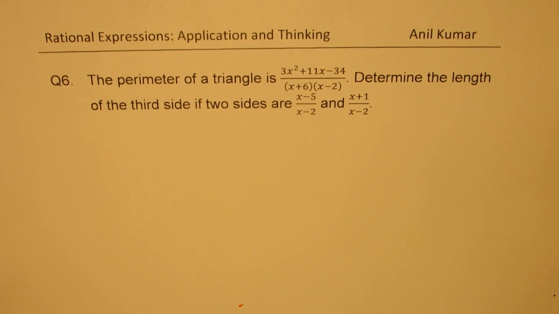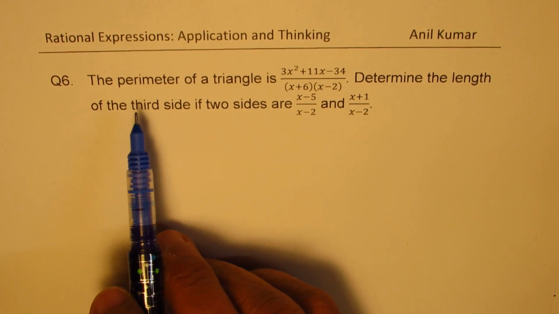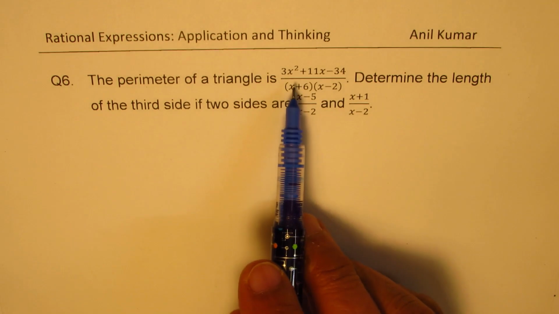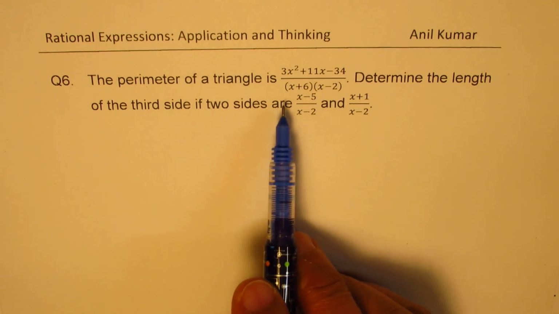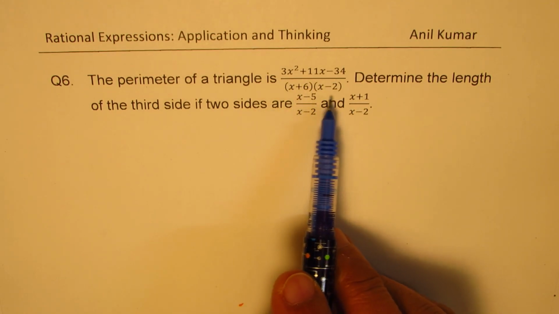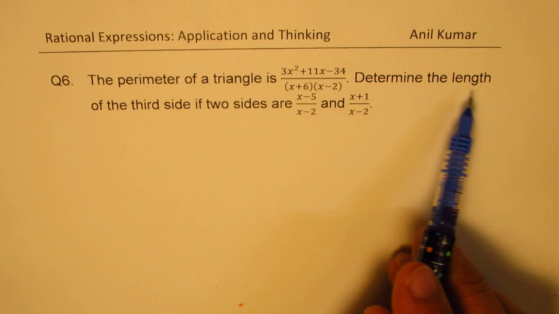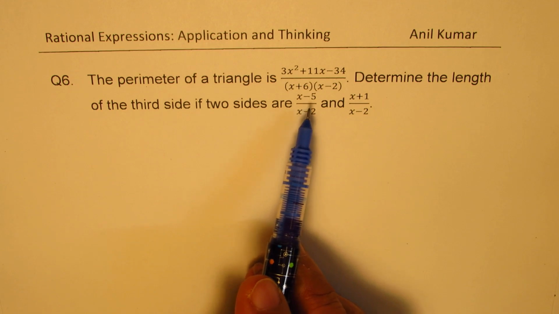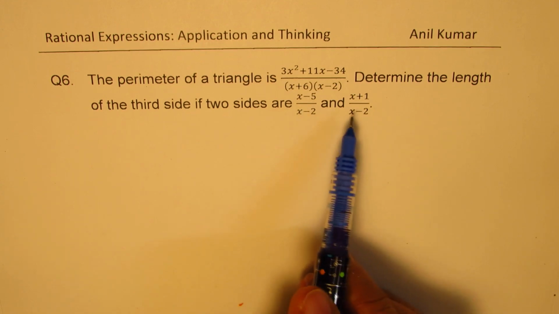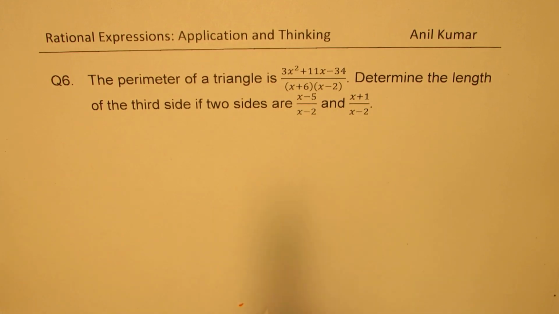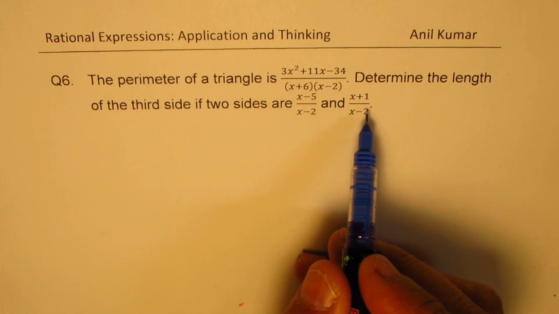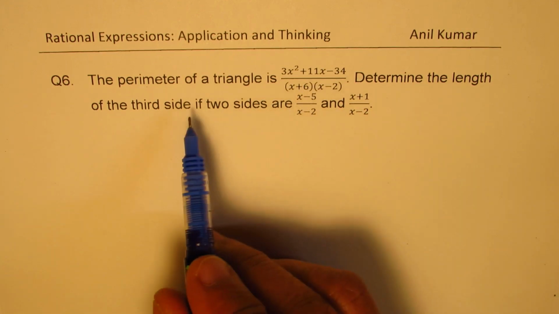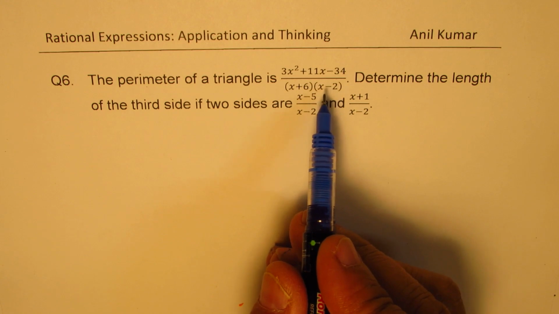Here is the last question, question number 6. The perimeter of a triangle is (3x squared plus 11x minus 34) divided by (x plus 6) times (x minus 2). Determine the length of the third side if the two sides are (x minus 5) over (x minus 2) and (x plus 1) over (x minus 2). So perimeter is the sum of three sides. So let the third side be, let's say, r.